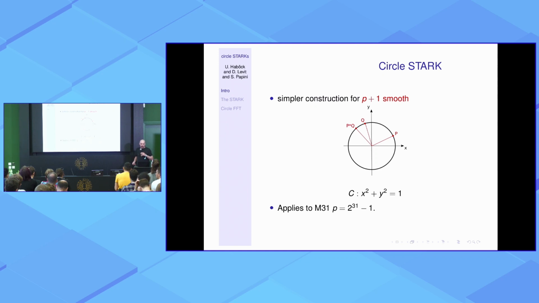Okay, so in particular, p plus 1 smooth, the prime that we have in mind, the Polygon, and also at StarkWare, is our favorite prime, which is heaven for us. It's the Mersenne prime M31. Why is it heaven for us? Look at this. It's 2 to the 31 minus 1.